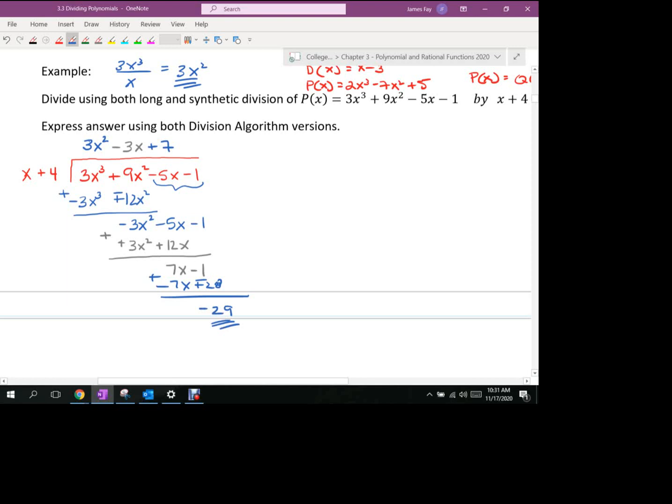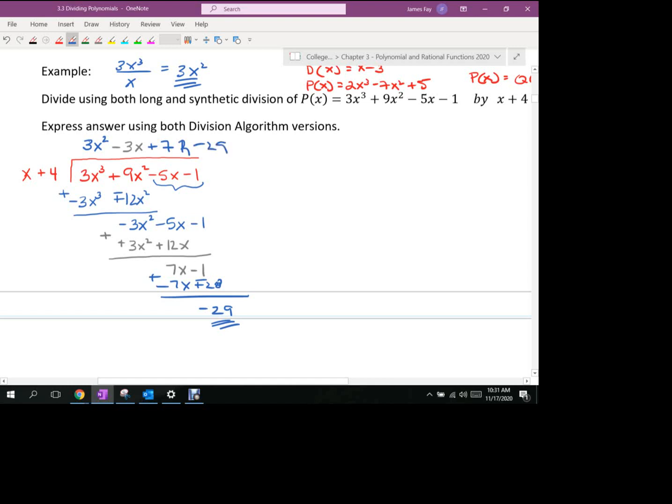Well, the algorithm says you stop once your remainder is of a lesser degree than your divisor. Okay. So what we do is we just say remainder here of negative 29.